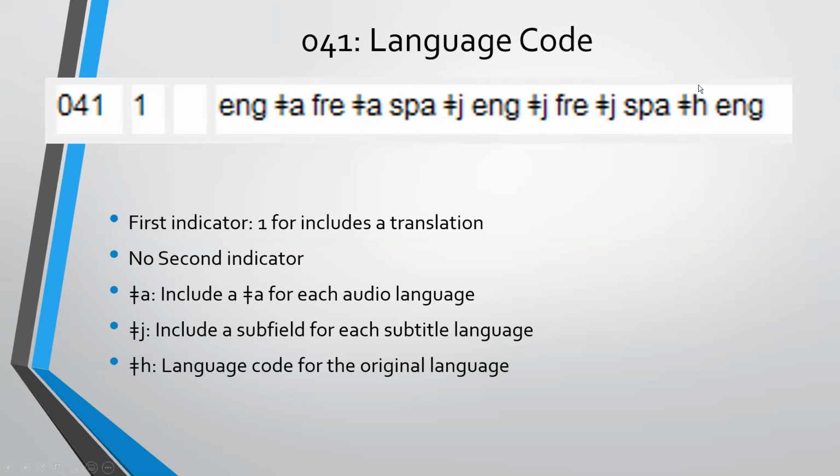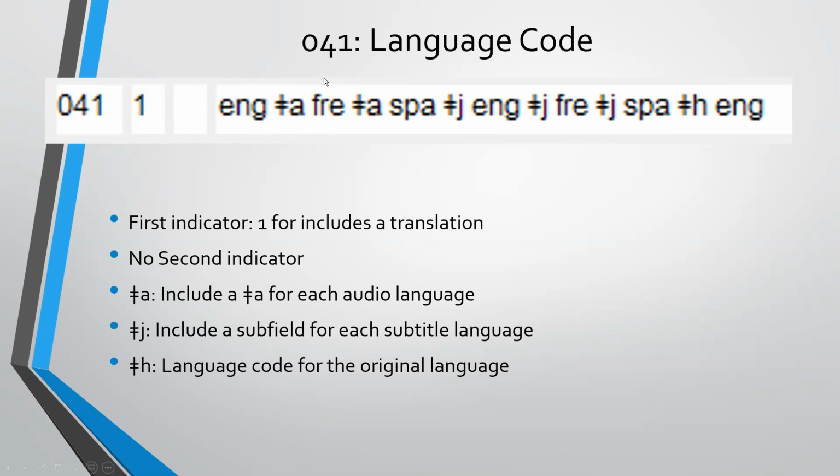And then here we have subfield H for the original language of the movie. So if you had a Japanese movie, I don't know, that was originally in Japanese but had English language subtitles and say an English language dub, you would have your subfield A for Japanese.